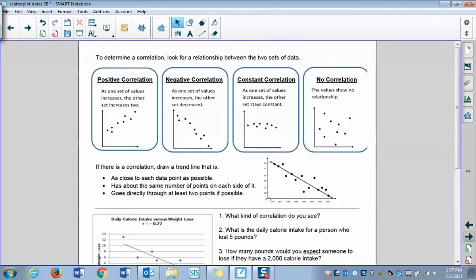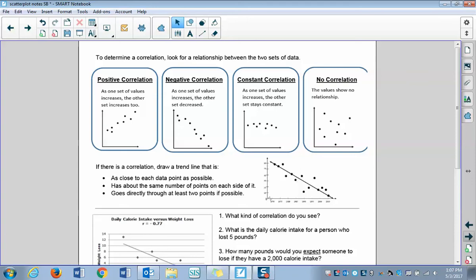So now, to determine if two things in a scatter plot have a correlation, we can look at the data. The data will have a positive correlation if as X increases, the other increases too. It's not necessarily X and Y, it's the two sets of data.